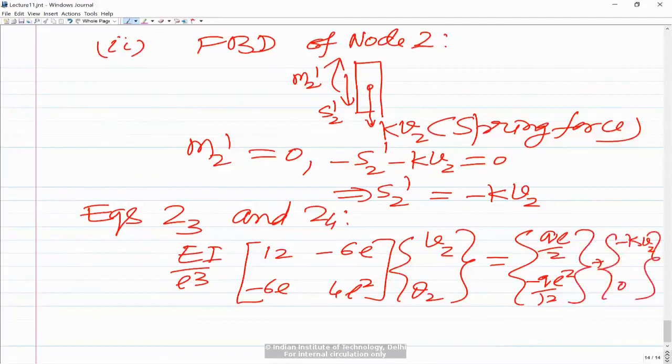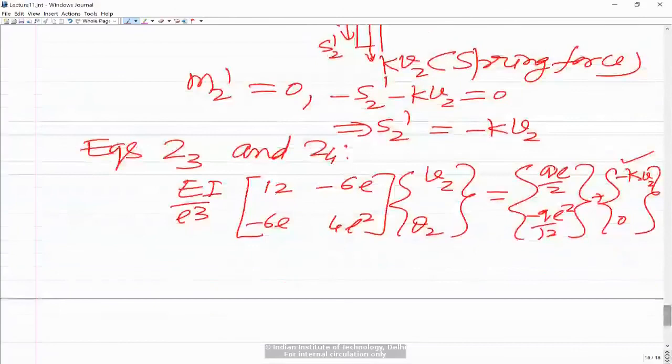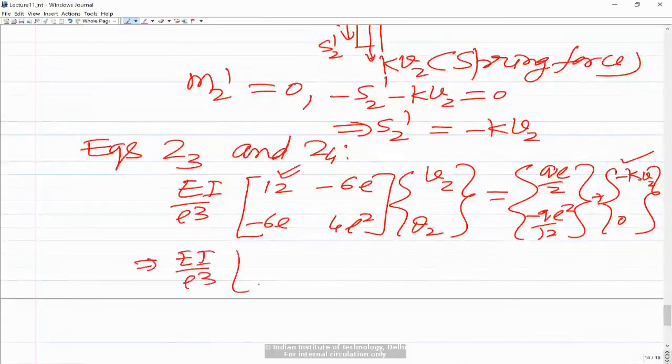And this term you can take towards the left hand side. Here is this equation, so V2 is going with this term, so if you take this to this side, you can write that as EI by L cube, and 12 you are taking this, and because EI by L cube is common, now you write here KL cube upon EI.